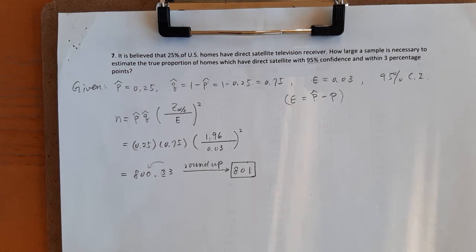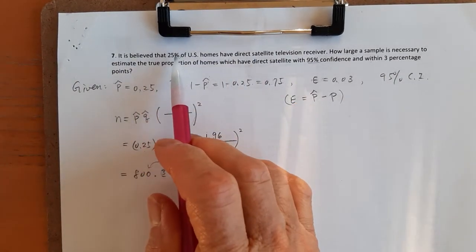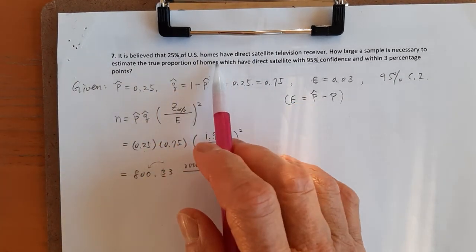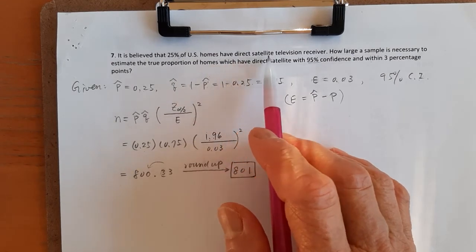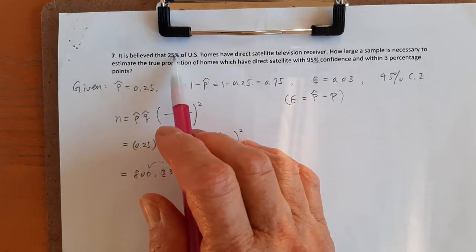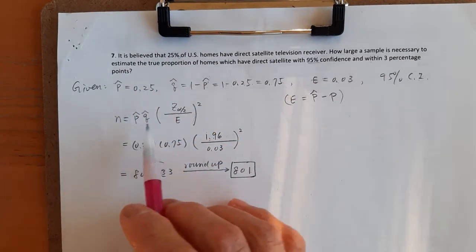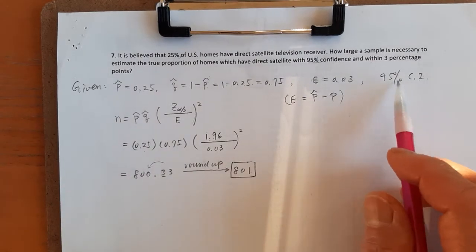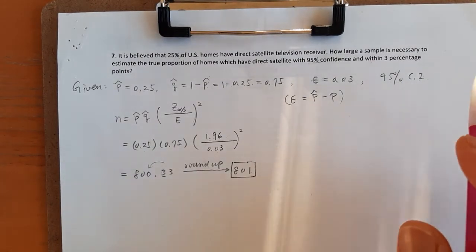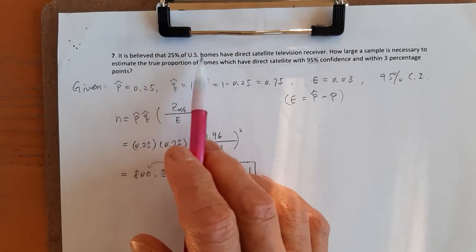That means you surveyed 801 homes, and you got 25% of the homes have a direct satellite television receiver. This 25% is from the sample.